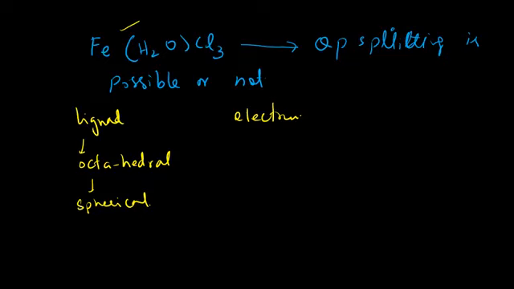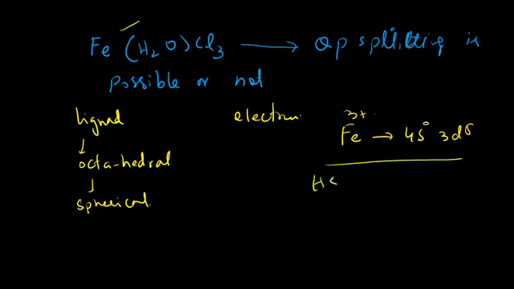But when it comes to the electronic symmetry, the iron here is the iron 3 plus ion, and iron 3 plus has the 4s0 3d5 electronic configuration. So it is the case of high spin. Why is it high spin here? Because the ligand is water.